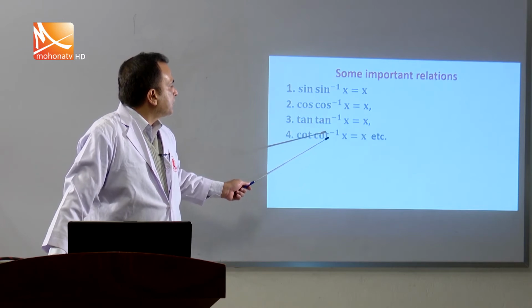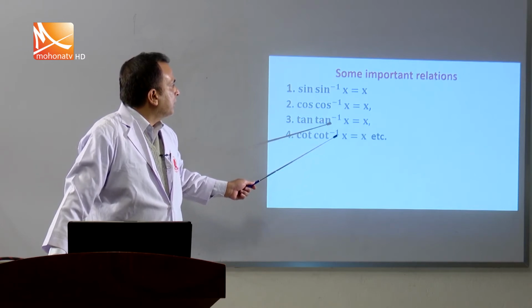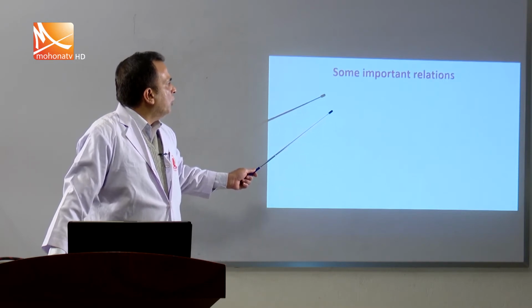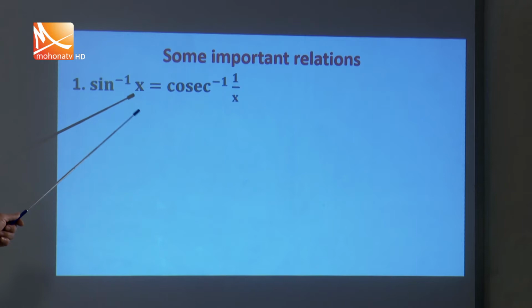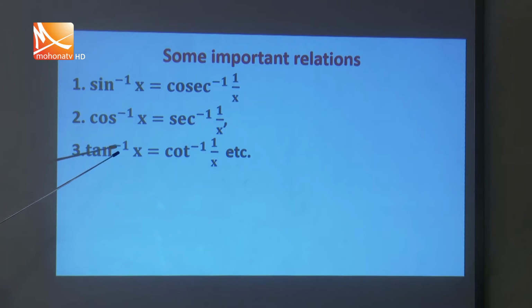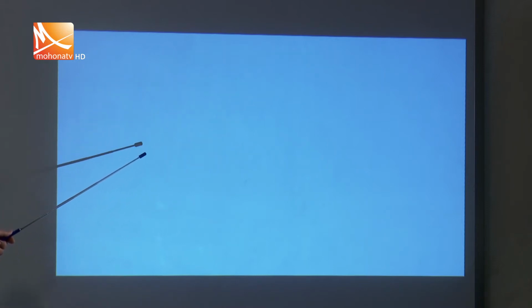Then cot inverse x equals to x, etc. Then some more important relations: sin inverse x equals to cosec inverse 1 by x. Next one, cos inverse x equals to sin inverse 1 by x. Next, tan inverse x equals to cot inverse 1 by x, etc.